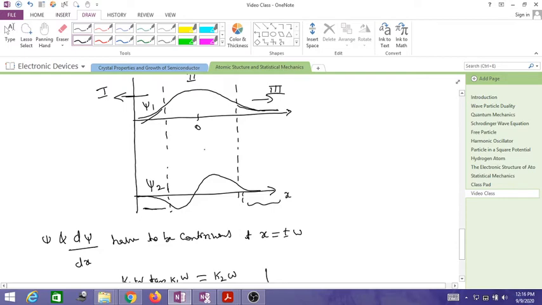The number of allowed energy levels is also increased.